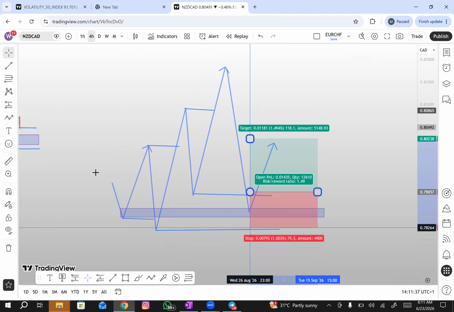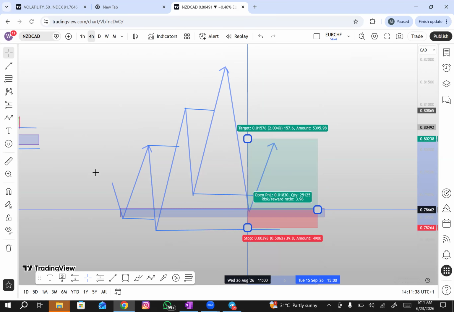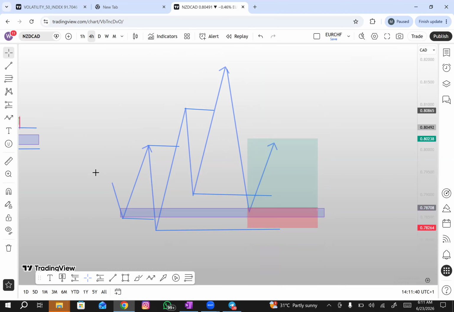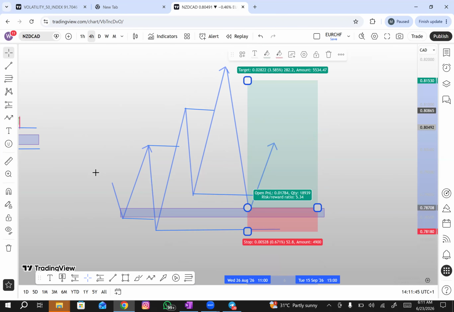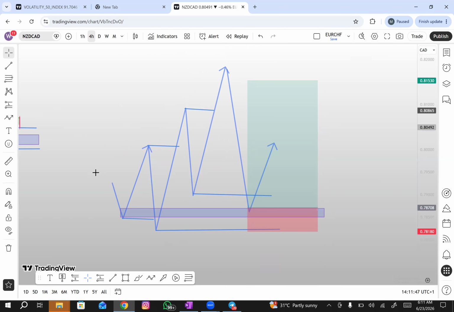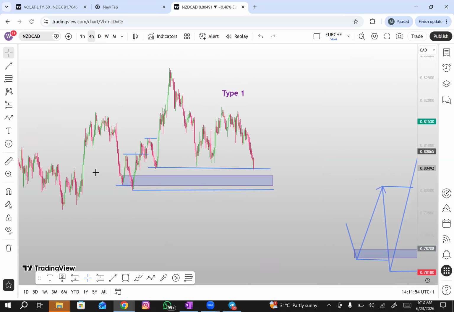This is how we use a long position. We cover this entry here, and then we buy. It's as simple as ABC. Can you see? That's exactly what we have here.